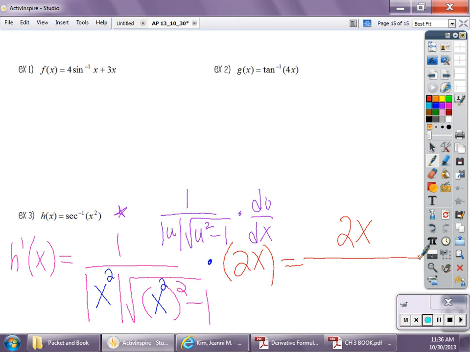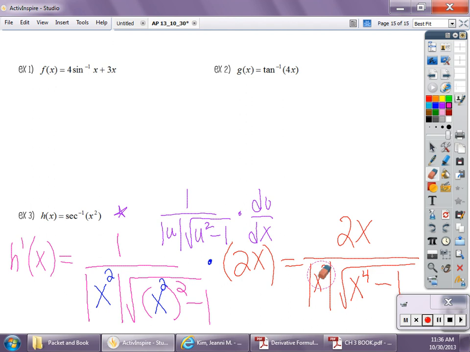square root of x to the 4th minus 1. It's actually pretty interesting how this works out. We'll talk about it later. The absolute value of x squared, I do want to mention it.